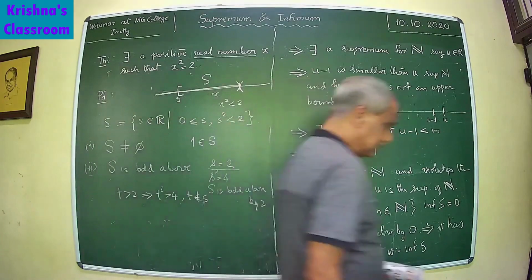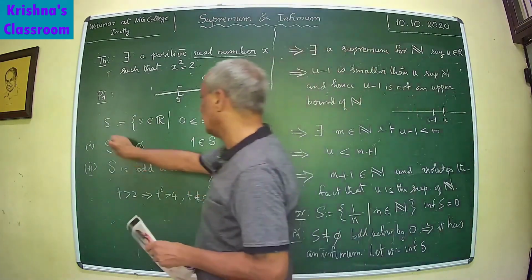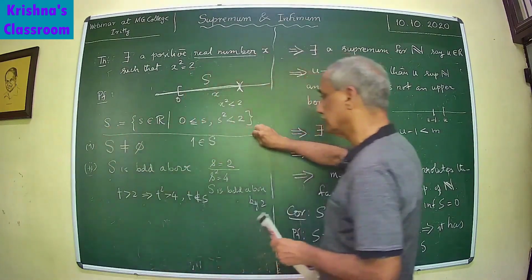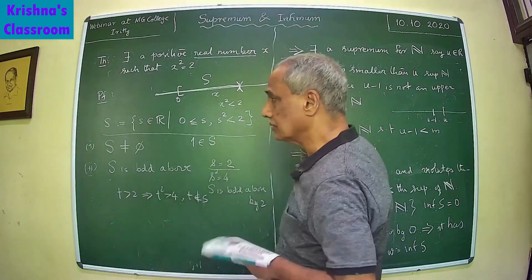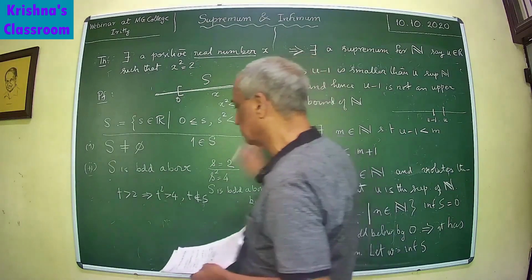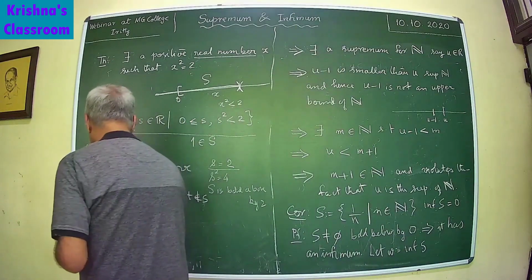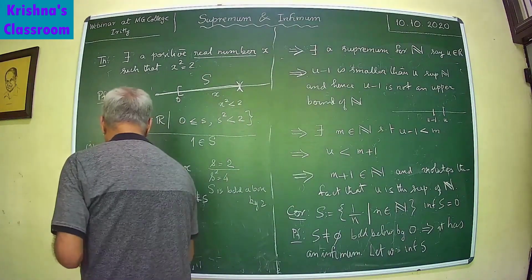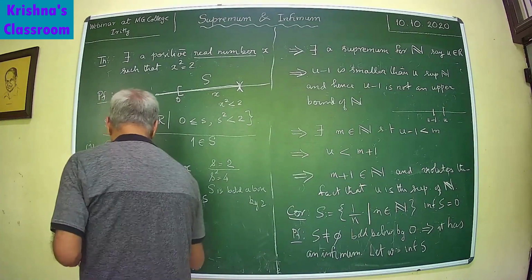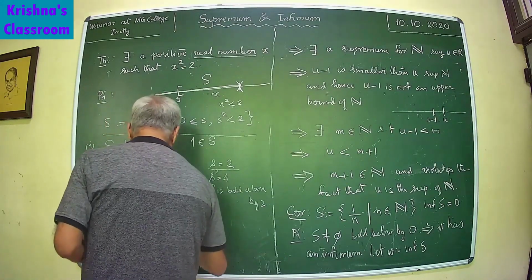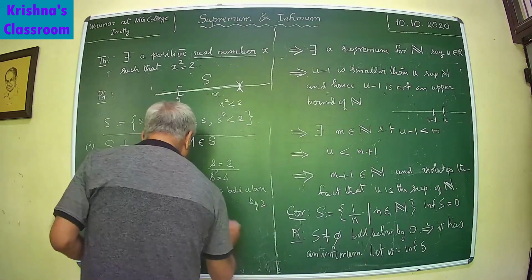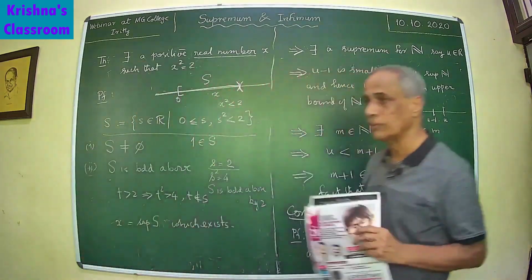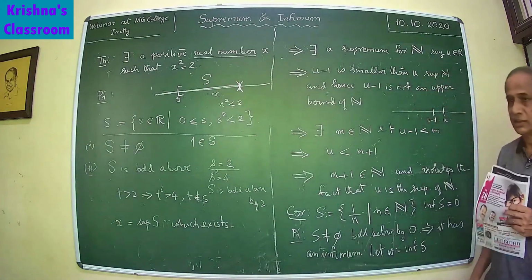Now, the set that we have considered is a non-empty set which is bounded above, therefore it has a least upper bound. Call that x, which exists. It exists because of the completeness property.